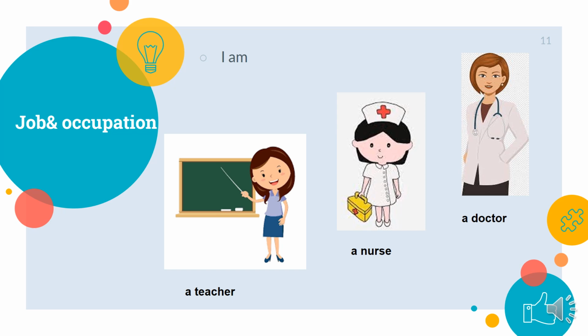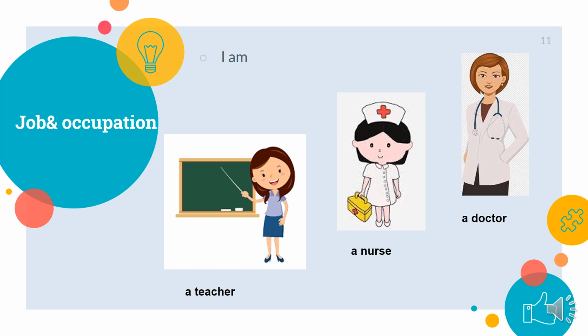We're going to use with the verb to be, the famous verb to be. So we have I am a teacher, I am a nurse, I am a doctor. Let's repeat. I am a teacher, I am a nurse, I am a doctor.